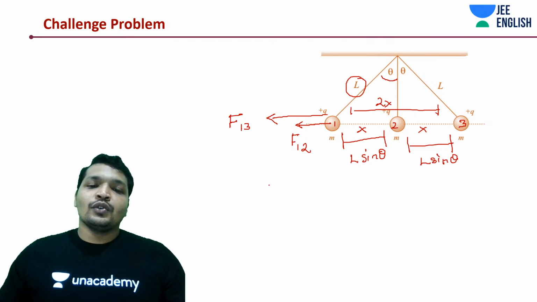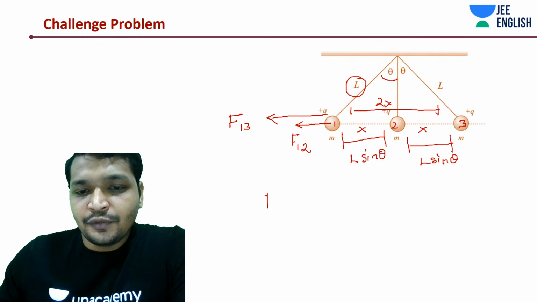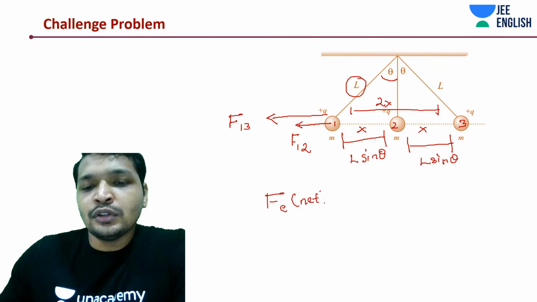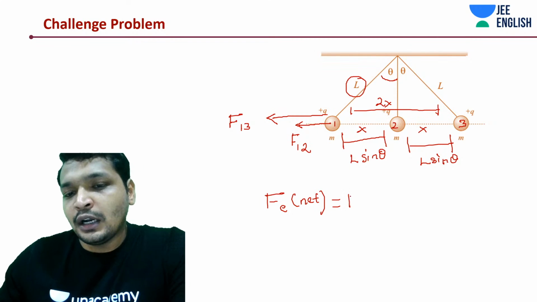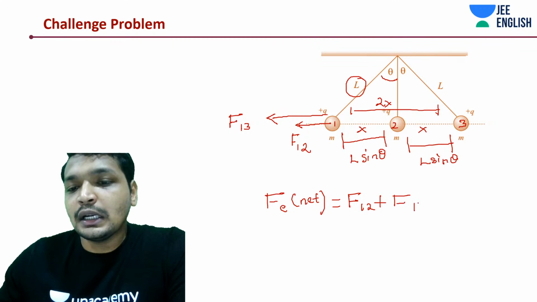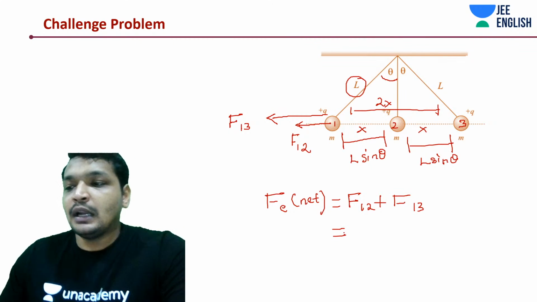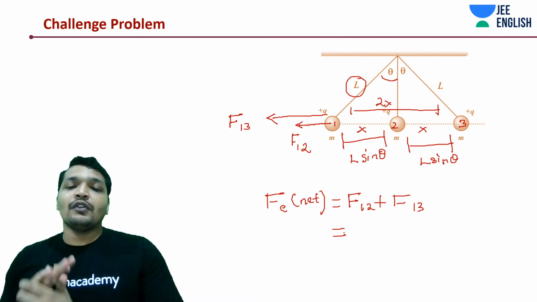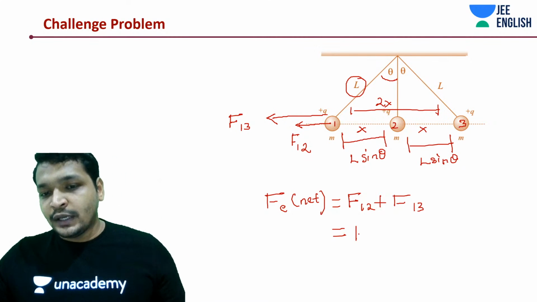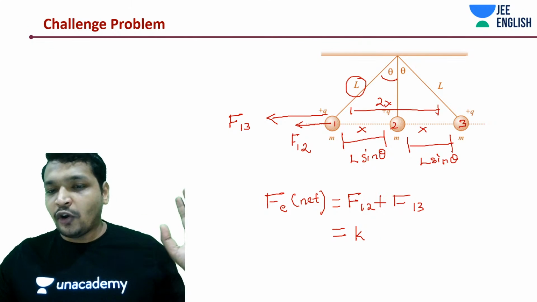All right, so if I'm going to calculate the net electrostatic force, which is going to be both due to charge 2 and also charge 3, both are repulsive. And carefully do notice whether it's repulsive or attractive, that is also very important. And kq by r square, kqq, all are identical charges.